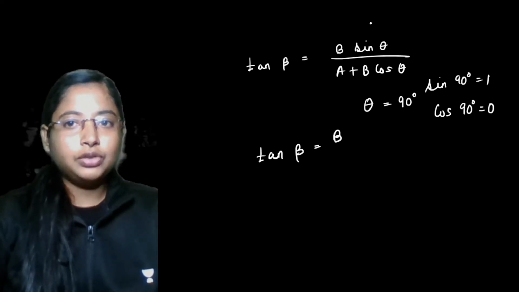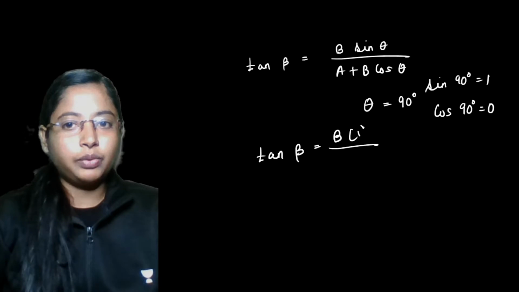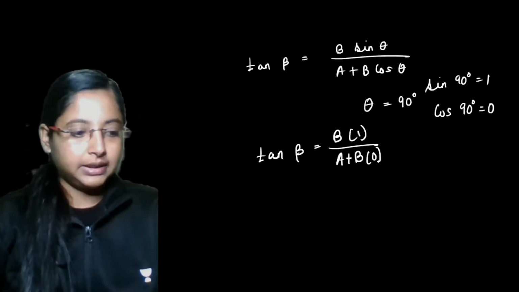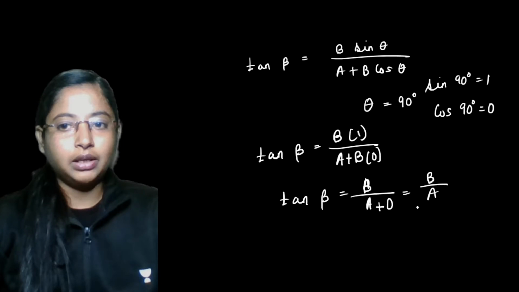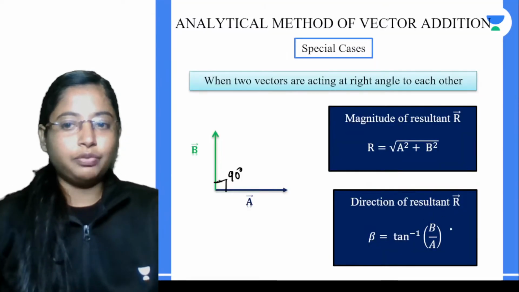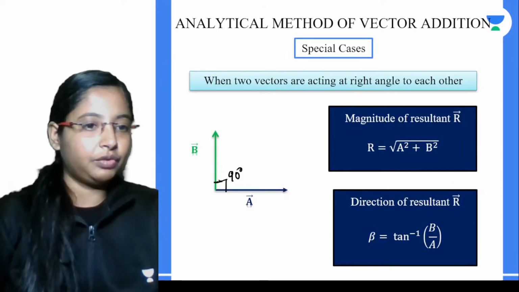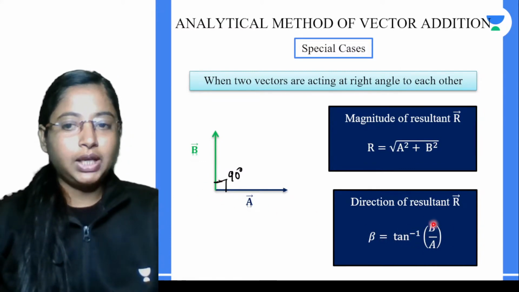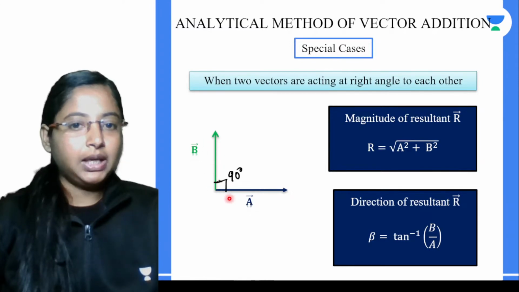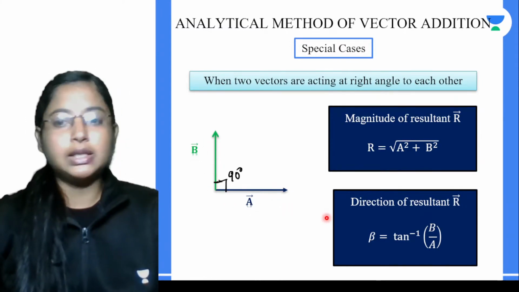So b into sin 90 is b into 1, and in the denominator a plus b into cos 90 is just a, because that term becomes 0. So tan beta becomes b by a, and beta will be tan inverse of b by a. So for the final resultant direction, you just take tan inverse of the lengths b and a, and this will give you the final vector.